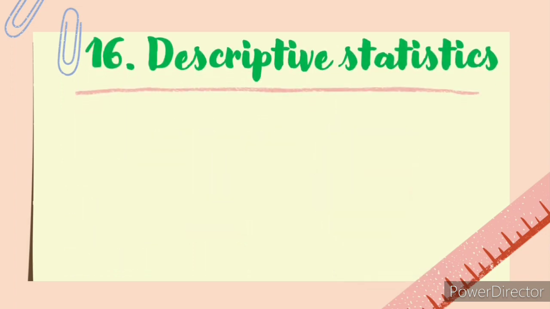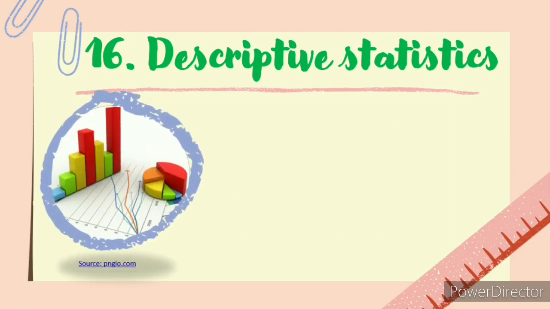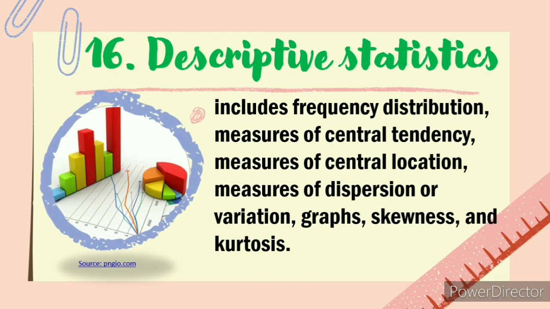Number 16, descriptive statistics. It includes frequency distribution, measures of central tendency, measures of central location, measures of dispersion or variation, graphs, skewness, and kurtosis. It refers to the collection, organization, presentation, computation, and interpretation of data in order to describe the samples under investigation.